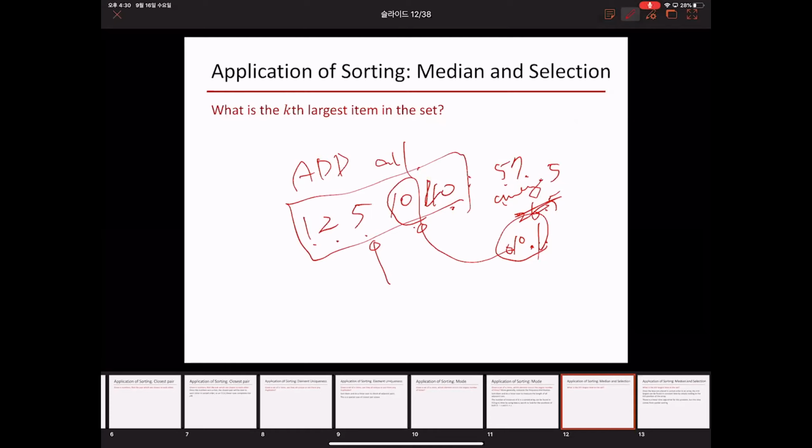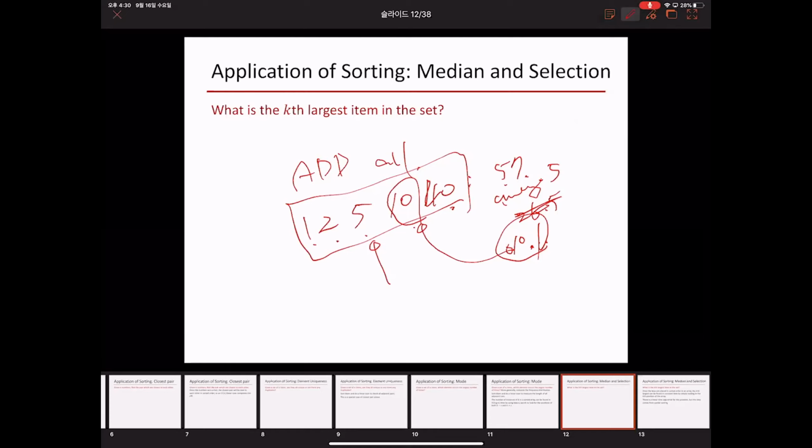Okay. Go ahead. First of all, you have to find whether the length is an even number or an odd number. And then divide the length by 2. So if the length is an even number, then the index must be the length divided by 2 plus 1.